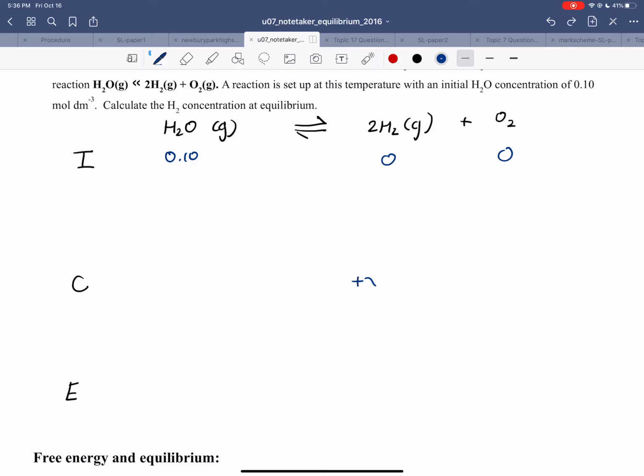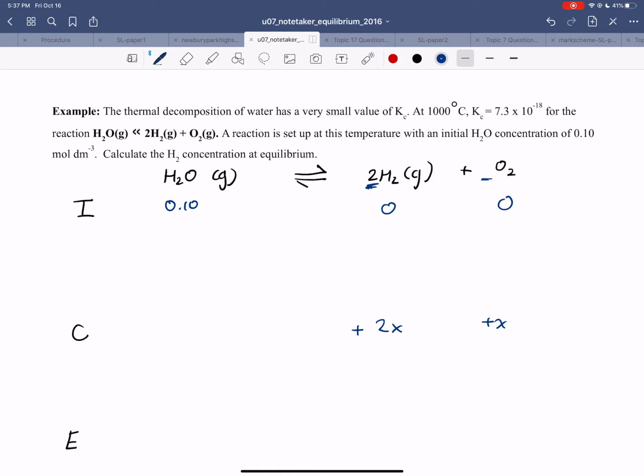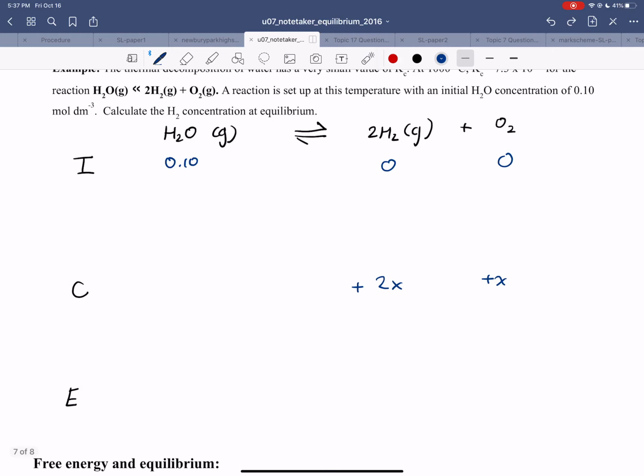And let's call this 2x. Well, if we call this one x, we must call this one 2x because it's twice as much as this, right? Always look at your stoichiometric coefficients. And this is just going to be, again, minus x. And then we have 0.1 minus x.